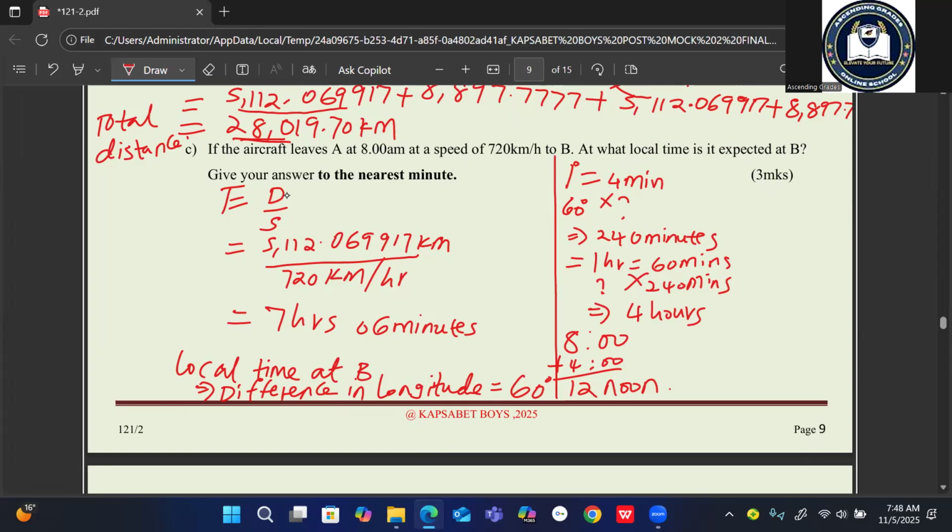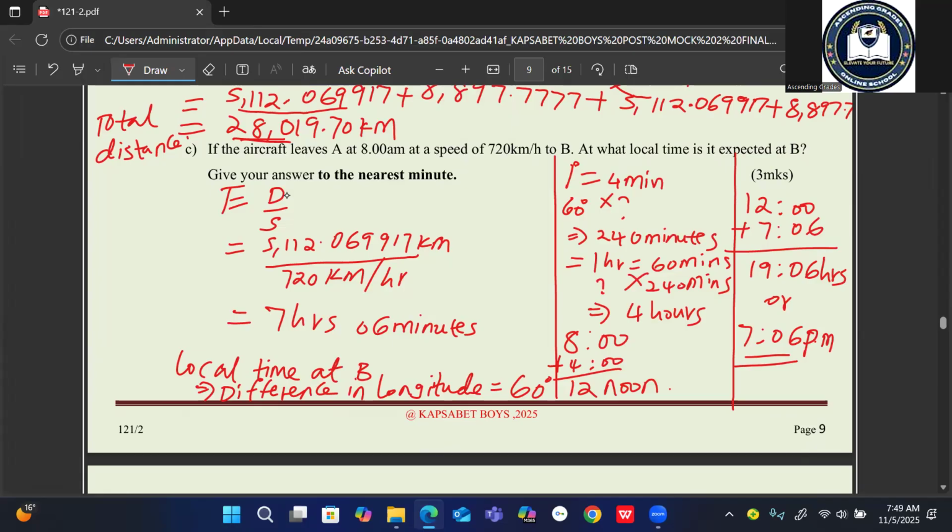So we have to add the 7 hours, 6 minutes to 12 noon so that we can get the time it arrived at B. So 12 noon plus 7 hours, 6 minutes will give us 19 hours 06, which is just the same as 7:06 p.m.